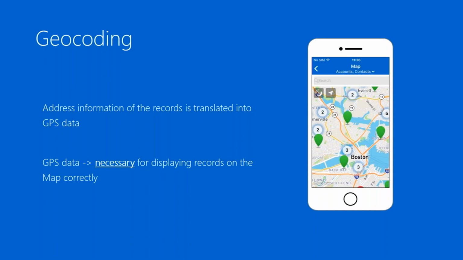It provides latitude and longitude where needed, and also works vice versa, meaning if we only have GPS data and we need to get addresses from that, we can also use this feature. Just to point out, the GPS data is very important in Woodford, is necessary for displaying records on the application map correctly.